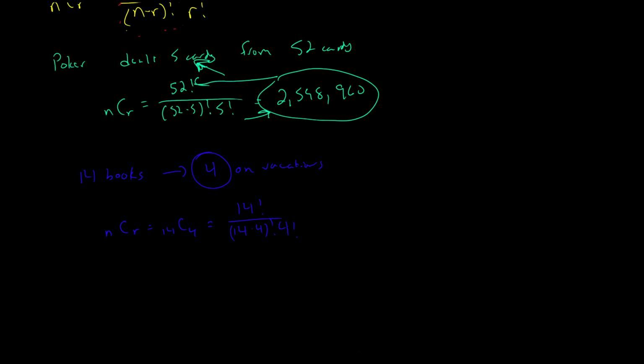And so 14, math, probability, NCR, 4, and I have 1,001 different ways I can choose from those 14 books. 1,001 ways. 4 books out of 14, 1,001 ways I can choose them.